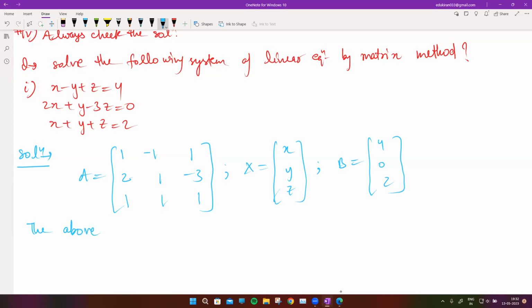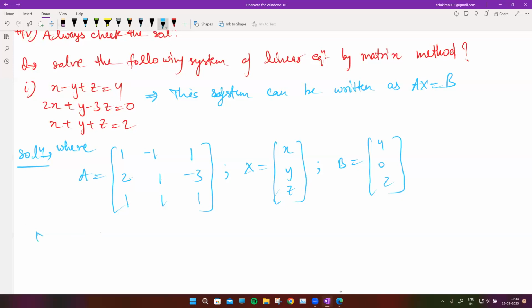We should have actually written this system as Ax equals B, where A is this, X is this, and B is this, right?